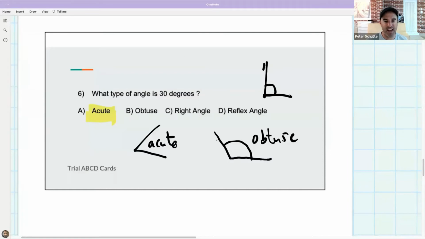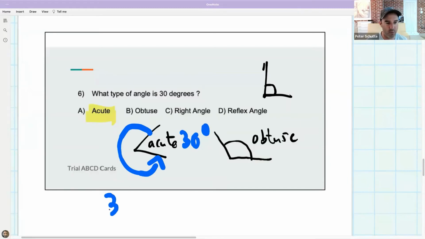And then a reflex angle is basically the angle that makes up the rest of a revolution. So if this was 30 degrees, the reflex angle would have to be this one, which, because a revolution is 360, the reflex angle would be 330.